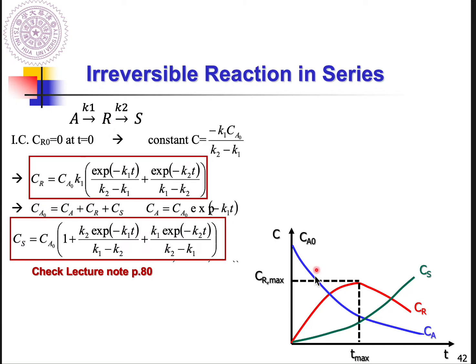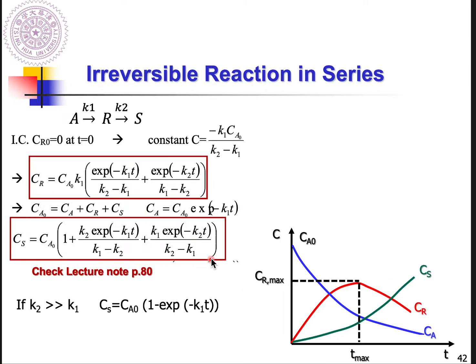Cr. But when you try to measure the concentration of Cr, you get these curves in red. You can expect that A will increase the concentration of R, but some R will convert to S. So definitely there's a maximum concentration of R, and it will be expressed like this. And regarding Cs, it always increases, right? And it should obey the exponential. It's like this.